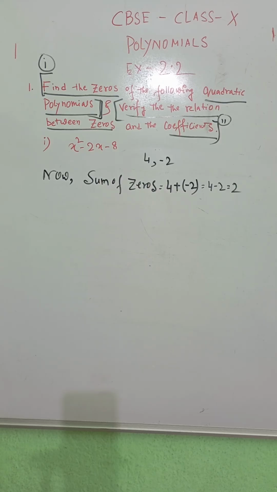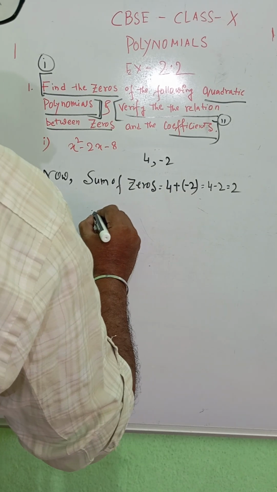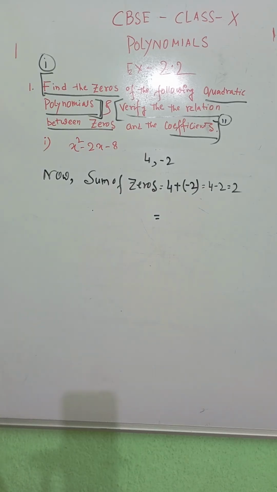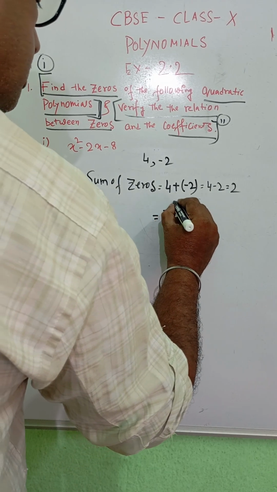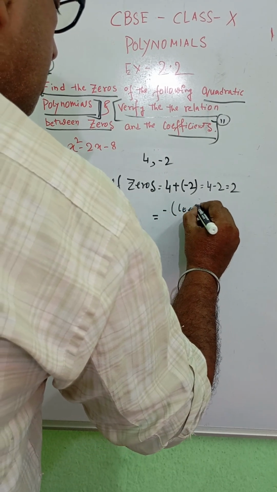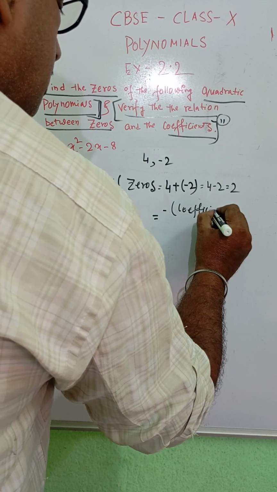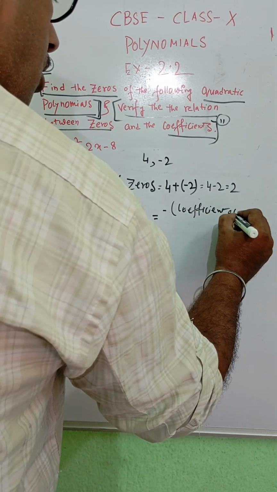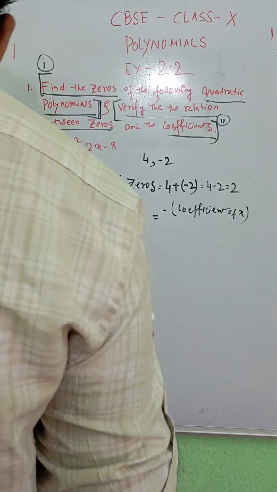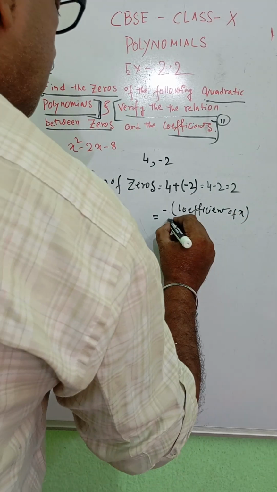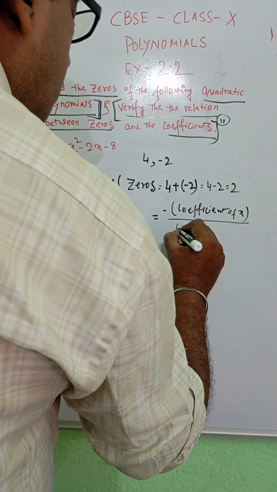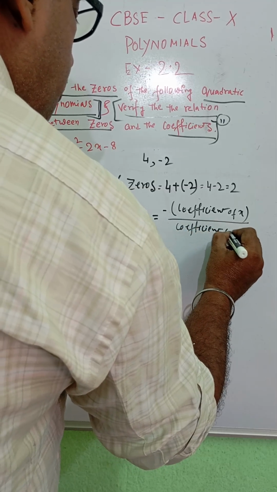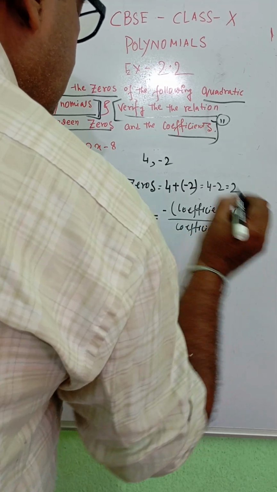And we also know that sum of zeros is equal to minus coefficient of x by coefficient of x square.